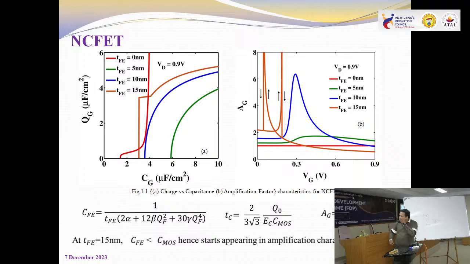Now we'll try to analyze what is happening. These are now the results of NCFET, not the heterostructure. Previously the results in talk number 1 were with respect to the heterostructure. Now there is the charge versus gate capacitance characteristic.